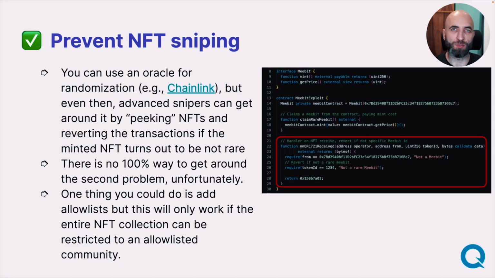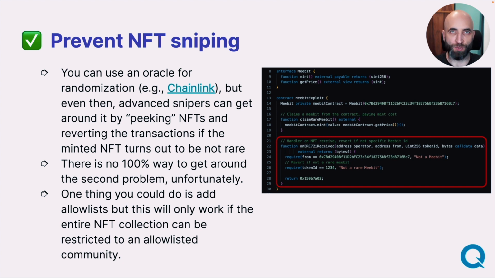The way to solve this problem can be to use the oracles that have real random numbers, which make things more difficult is that you need to call another smart contract, the oracle, which also costs you.